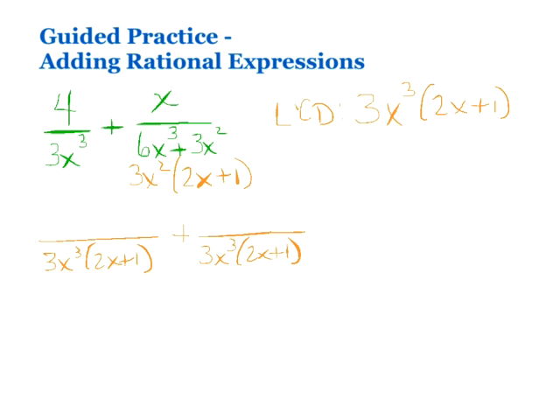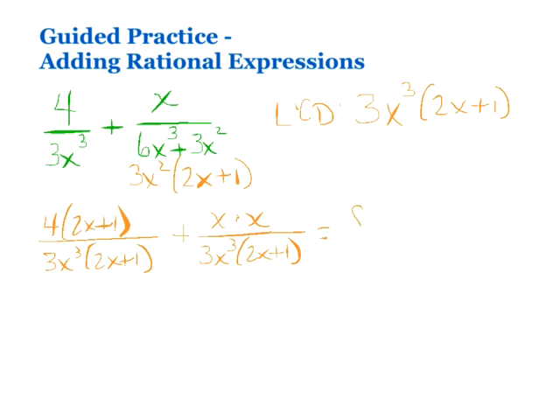All right, and so the 3x cubed is already there, so the 4 here is going to be multiplied by 2x plus 1. And here we've got the 3, the x squared, and the 2x plus 1 already in common, so the x I had is just going to get multiplied by another x.